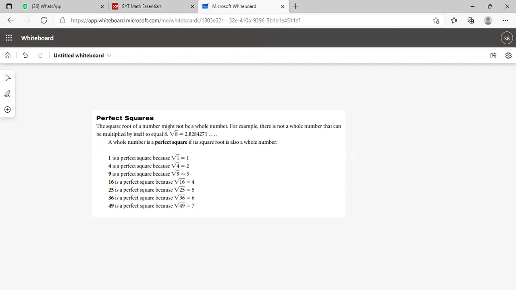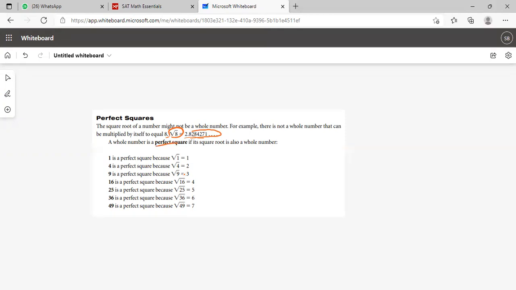So such numbers are not perfect squares. Like 8 is not a perfect square because under root 8 is not a whole number. Okay, this is a number in decimals. So this is not a perfect square.